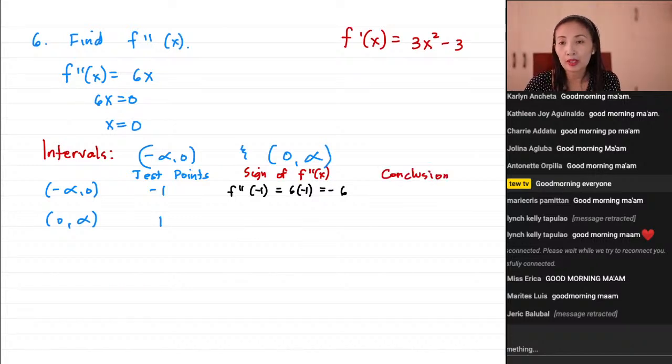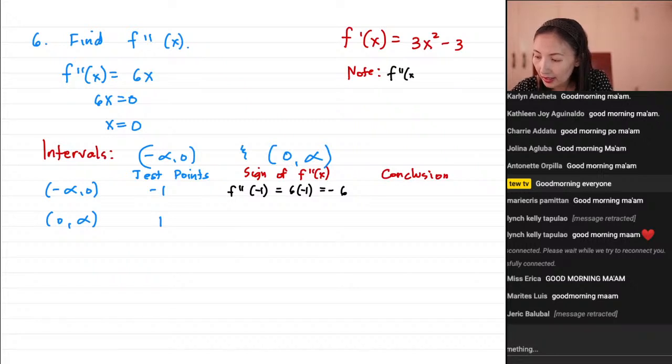Remember, note: if f double prime of x is less than 0, the graph concaves down.